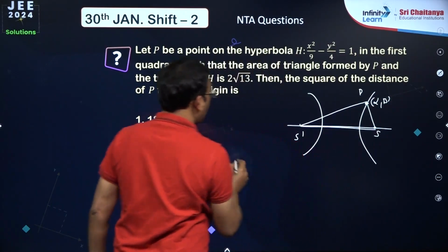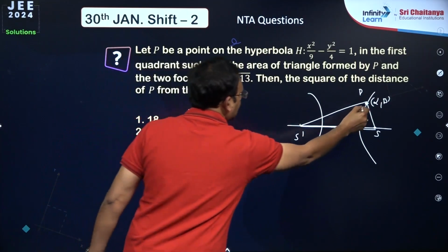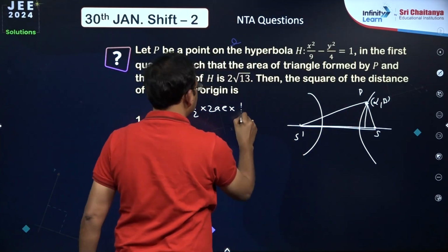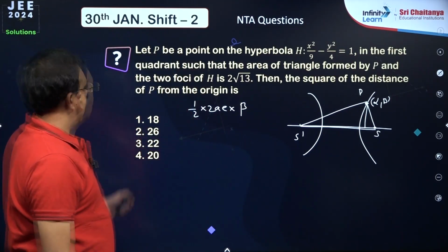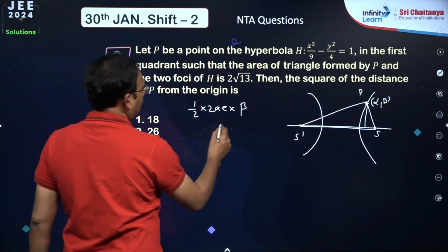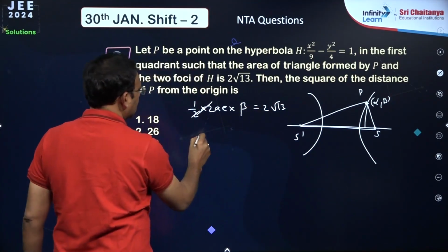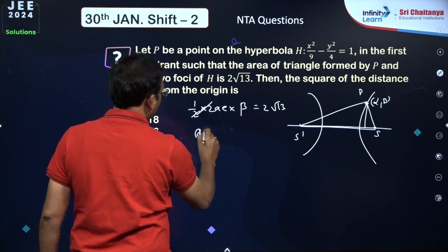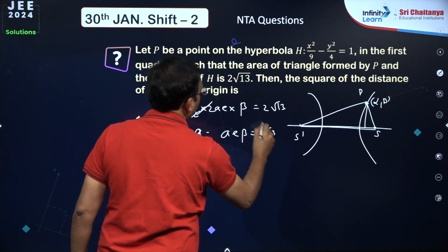So half into base is nothing but 2AE, the height is nothing but this y coordinate, which is beta. He said the area is given to be 2 root 13, my dear friends. 2 got cancelled. You can write AE beta is 2 root 13.